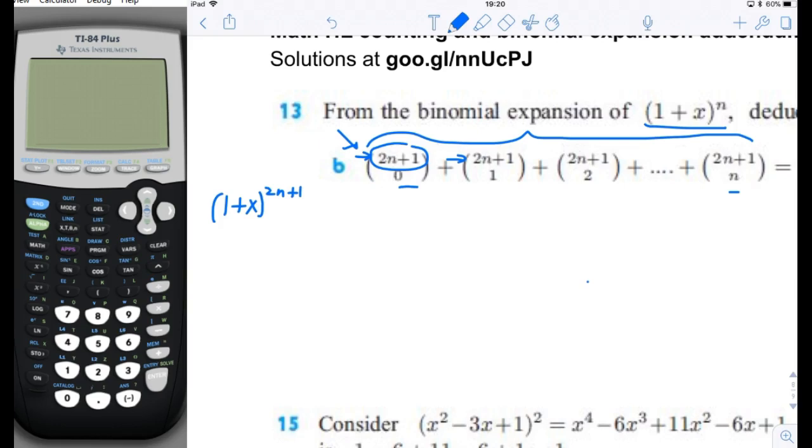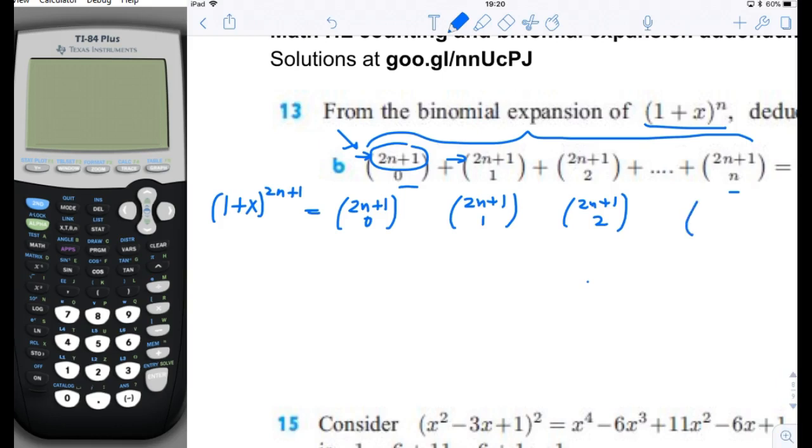All right, so if you have this and you're going to expand it, what you're going to see is something that kind of looks familiar with what we have above. You would have this coefficient. You would have (2n+1) choose 1 coefficient. You would have (2n+1) choose 2 coefficient, etc. Right?